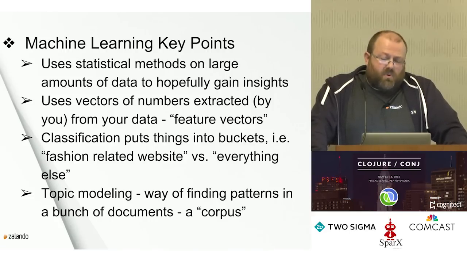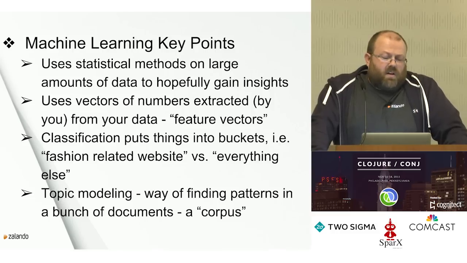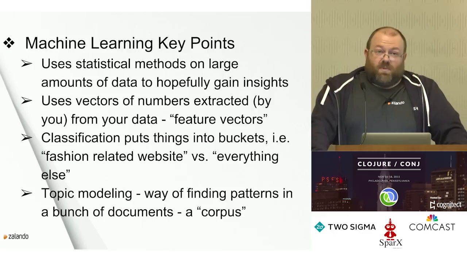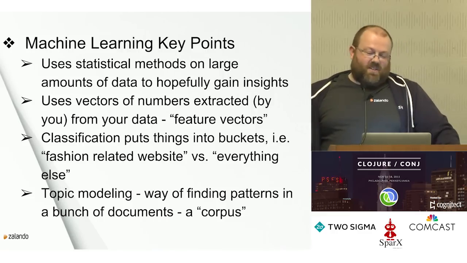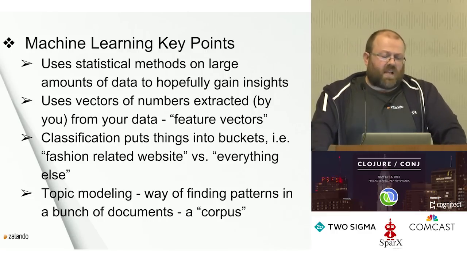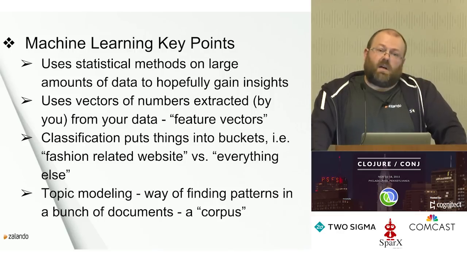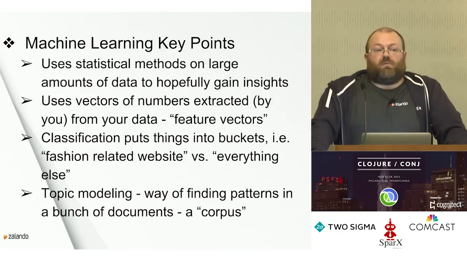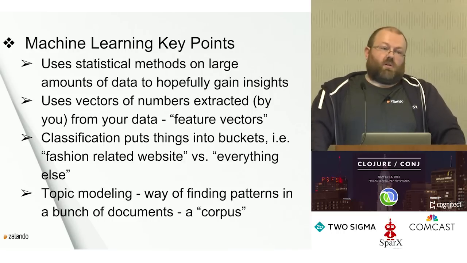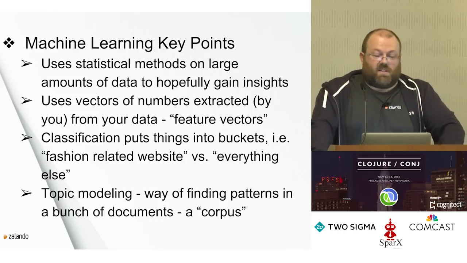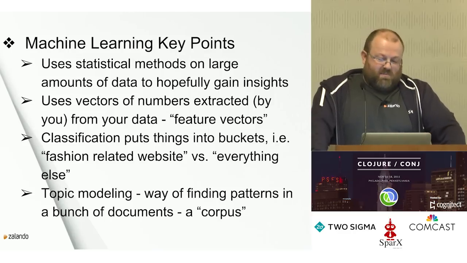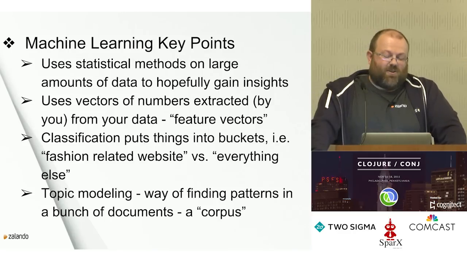Classification is a very broad form of machine learning that involves putting things into buckets, i.e. fashion-related website versus non-fashion-related website, in my case. Topic modeling is a way of finding patterns in a bunch of documents. Bunches of documents are usually referred to as your document corpus or even just a corpus. This is the 30-second pitch of what you need to know.